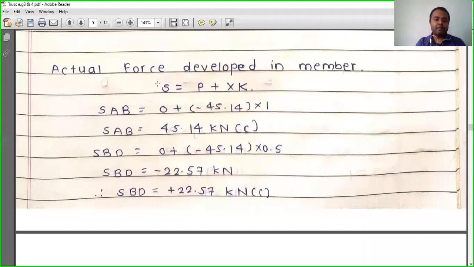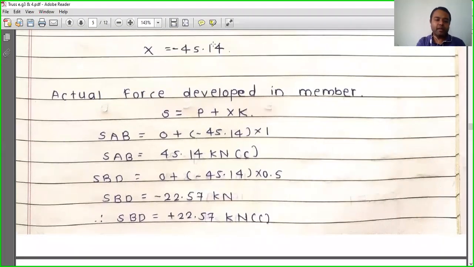This is the formula. Just instead of S, consider F. F equals P plus XK. If I want to find the force in the member AB, I will write the force in the member AB as P force plus X. X we have got negative, put this value as it is, and K we know, the K force in the member AB.